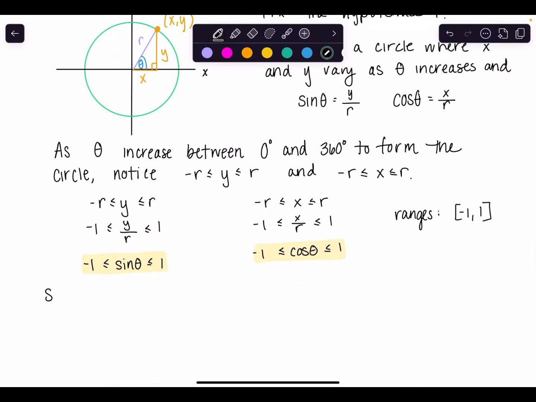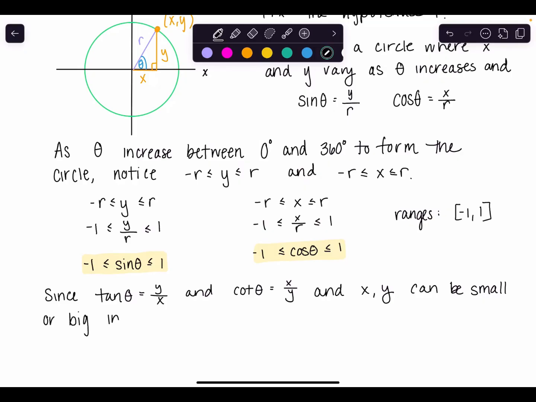Since tangent of theta, however, is y over x, and cotangent of theta is x over y, and x and y can be as big or small as they want, both tangent of theta and cotangent of theta can take on any value.